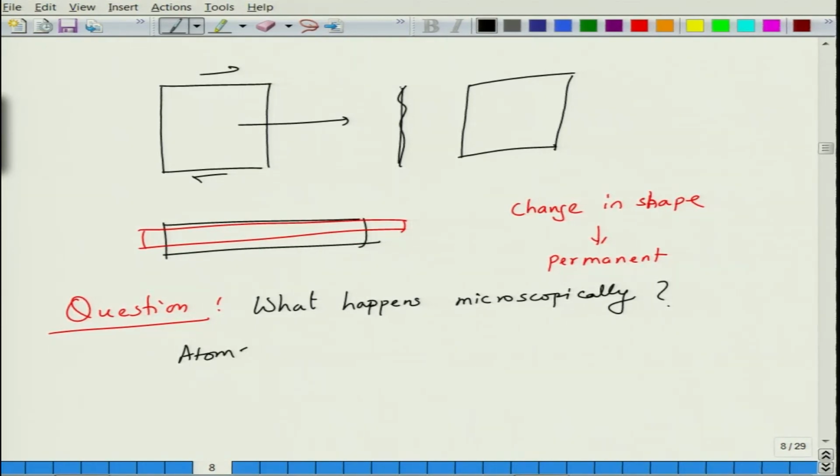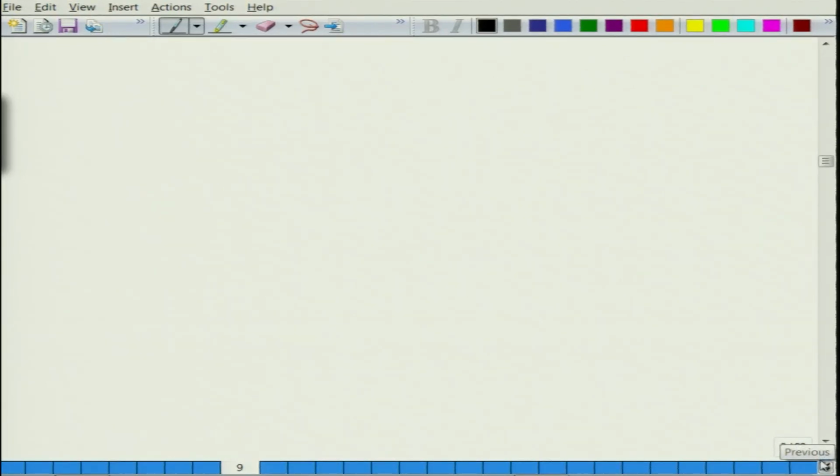So, atoms make the materials, atoms are bonded. So, what are the internal mechanisms which actually lead to the plastic deformation? So, that is our next goal. When we deform the material plastically, what happens internally?